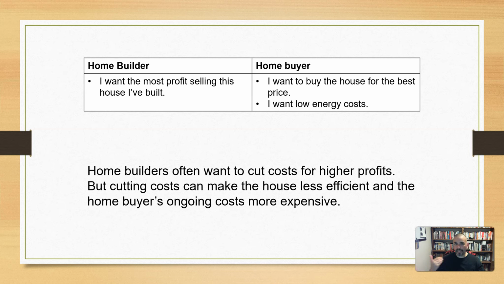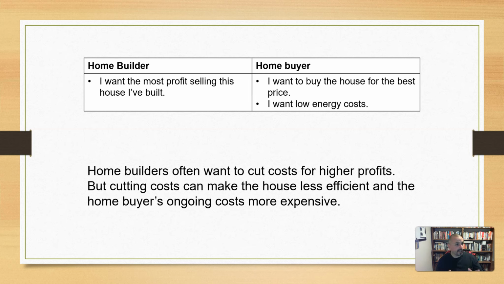And many people, when they buy homes, may look at that low price and think that everything's okay, but then they realize that they have to spend a lot of money on heating and cooling because it's not well insulated or it's got some other kind of problems with heating. So one way to think about this is that for the home buyer, it's a little bit like the problem you might have if you buy a printer.